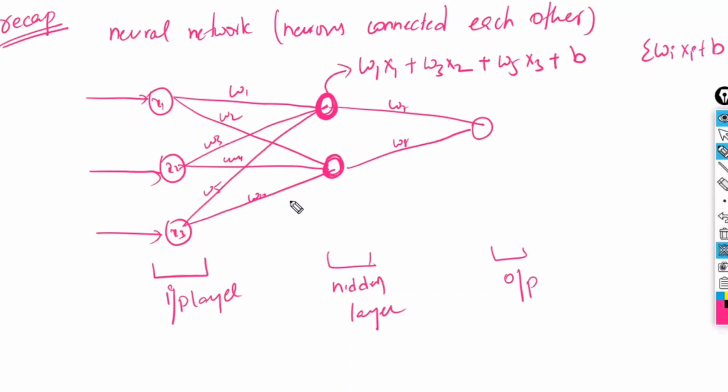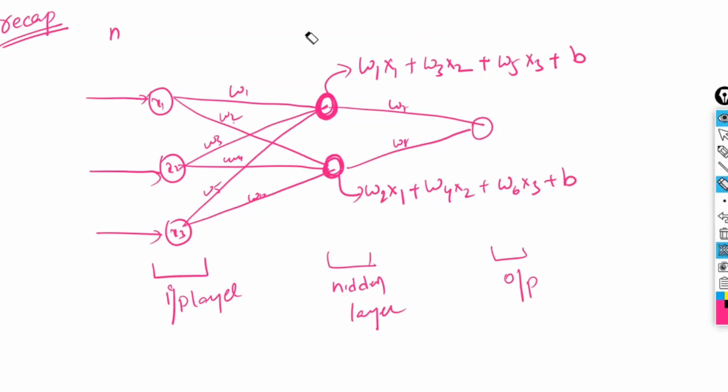This neuron will have this equation, whereas the other neuron will have W2 into X1 plus W4 into X2 plus W6 into X3 plus B. First it is going to calculate sigma Wi Xi plus B, followed by the next step, the activation function.